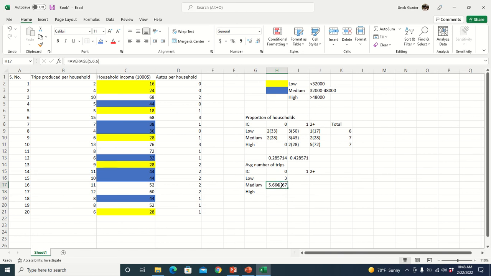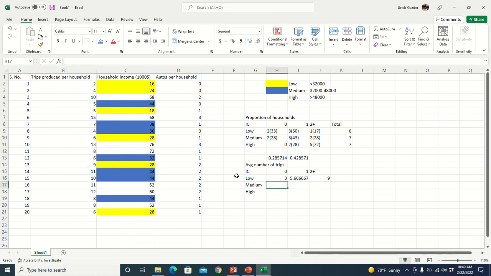Sorry, this should be here. Then low income and 2 plus autos, it was 1 of them, and that one is this one, this guy. Okay, so 9 trips for him, you can see it here, 9.